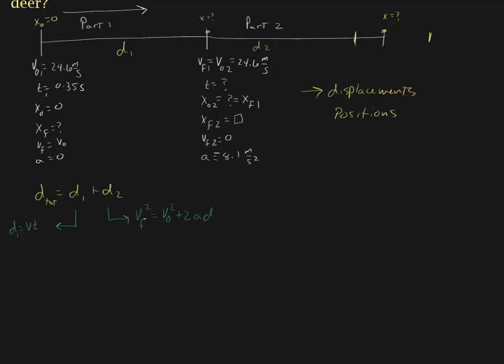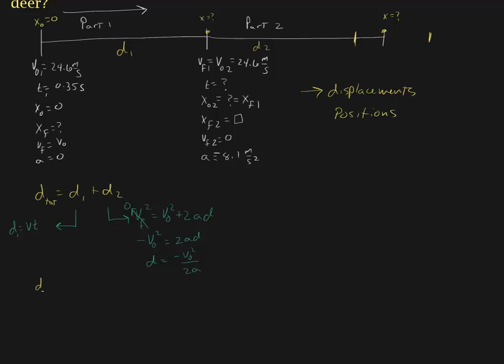Now, v final in this particular problem is going to be 0, so this term goes away. And now we can rearrange it, and because we're solving for d, we get minus v initial squared is equal to 2ad. So d is equal to minus v initial squared over 2a.